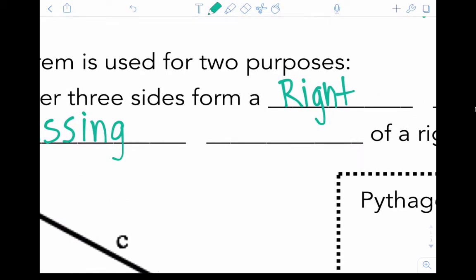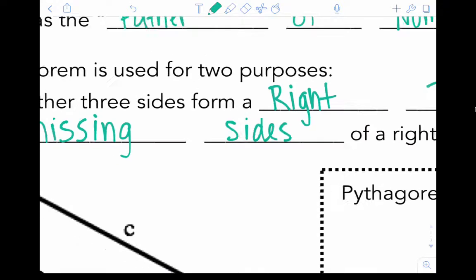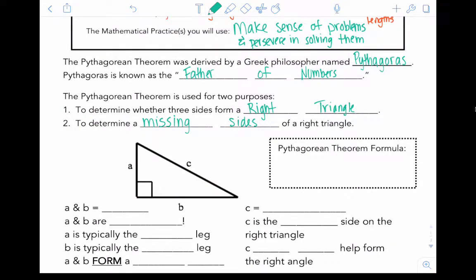So we're going to do both of these things in this section. If you have two sides, you can always find the third if you have a right triangle. A reminder, the Pythagorean theorem can only be used for a right triangle, like what is shown right here.